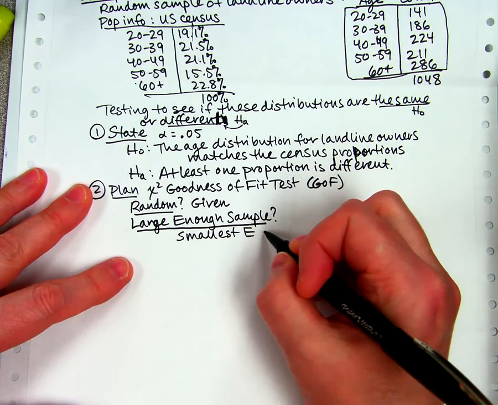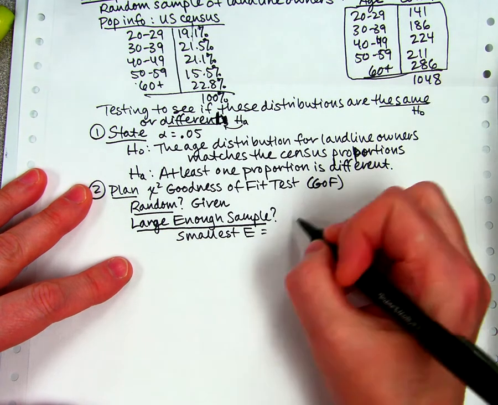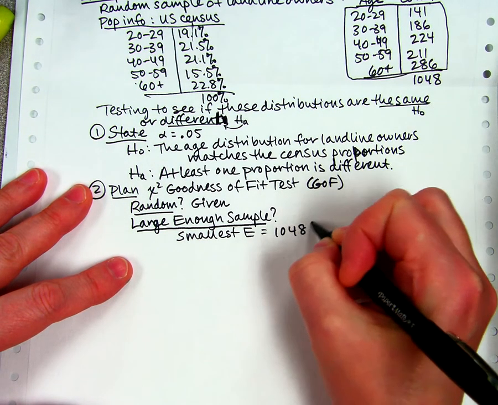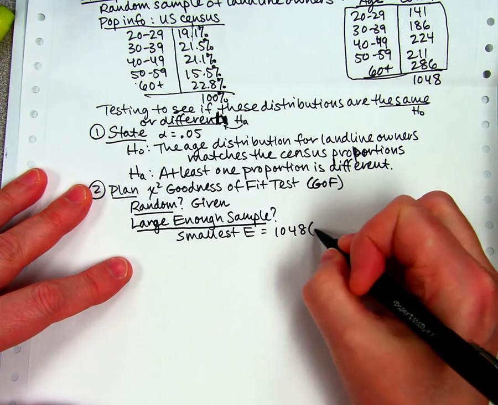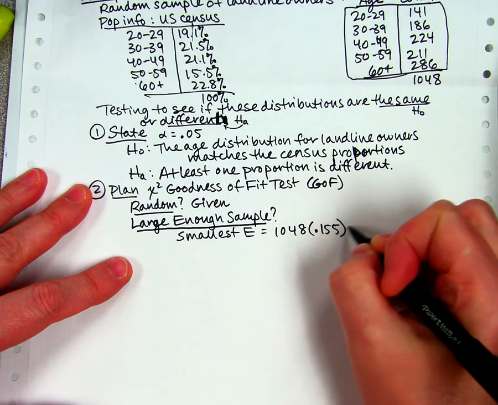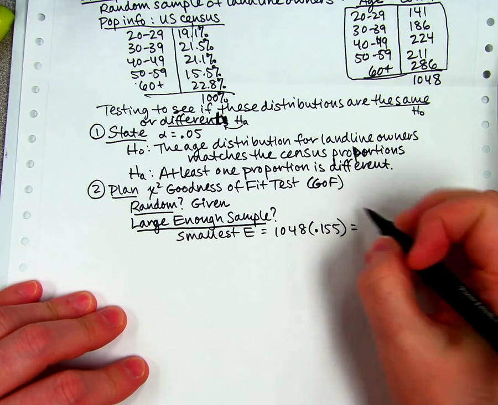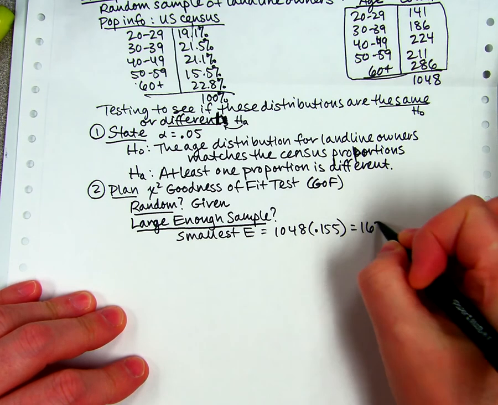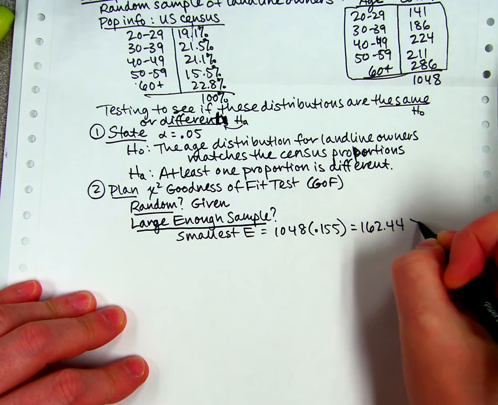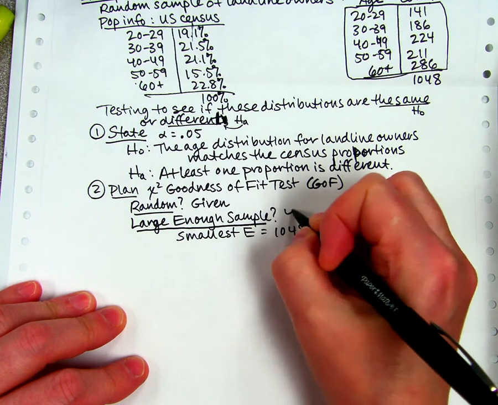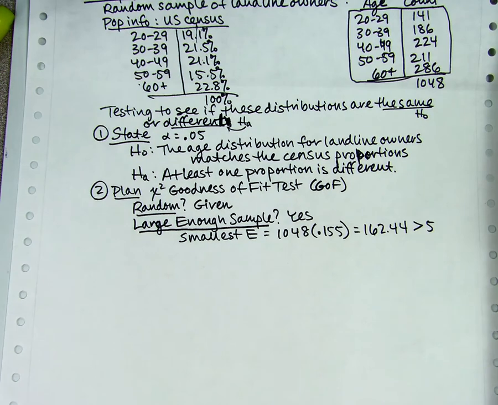I have no idea why that is, but the sample size is 1048 times the smallest proportion on your list, which is 0.155, and I would multiply those together and get 162.44, and yes, that's way bigger than 5. So this is a yes, because the smallest expected count is bigger than 5.